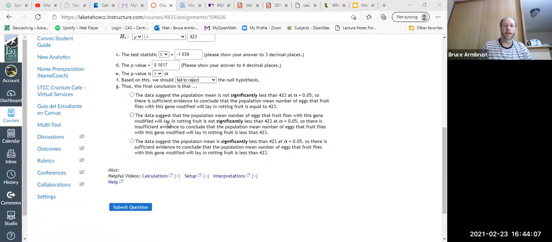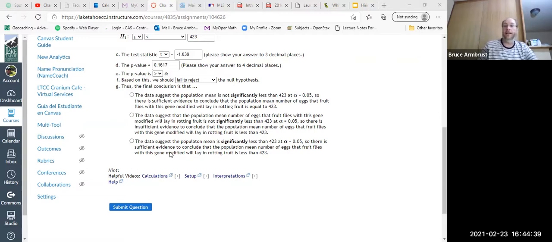Or the data suggests the population mean number of eggs that fruit flies with this gene modified lay is not significantly less than 423, so there is insufficient evidence to conclude that the population mean is less than 423. Or the data suggests the population mean is significantly less than 423, so there's sufficient evidence to conclude that the population mean number of eggs fruit flies with this gene modified will lay in rotting fruit is less than 423.